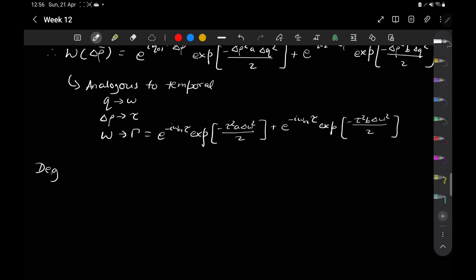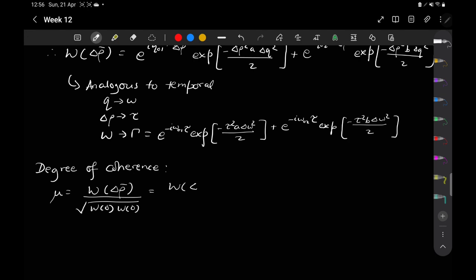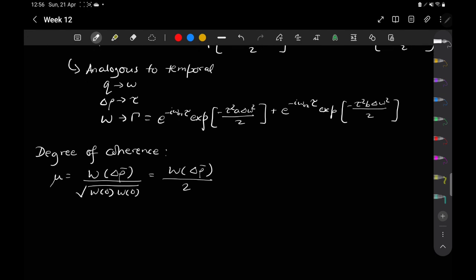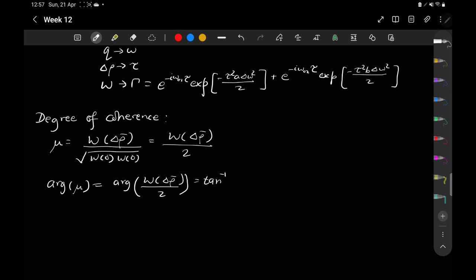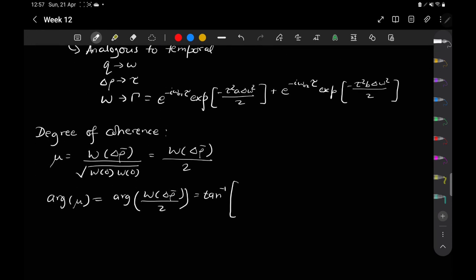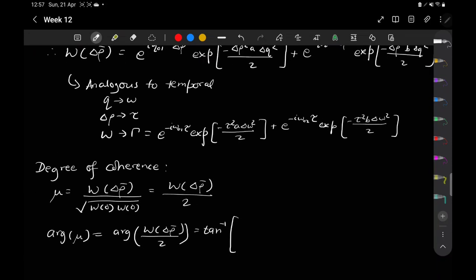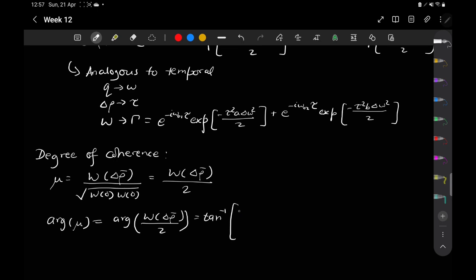Now the degree of coherence: again, tan inverse of the imaginary part over the real part.